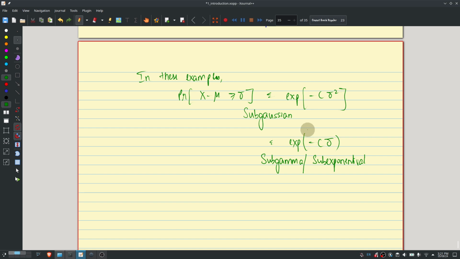For sub-exponential distributions, we have tails that decay exponentially in delta. And for many other random variables, you have neither of these behaviors. It does not decay exponentially in delta. Something much weaker. All right. And in fact, for all random variables with finite variance, we know that it decays at least polynomially in delta. Why?